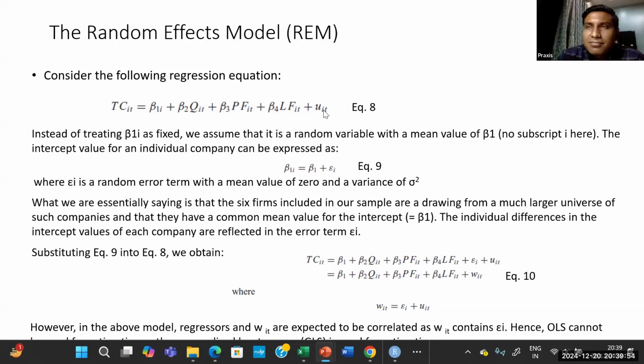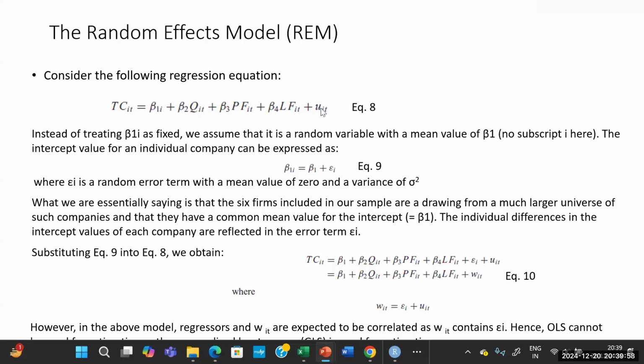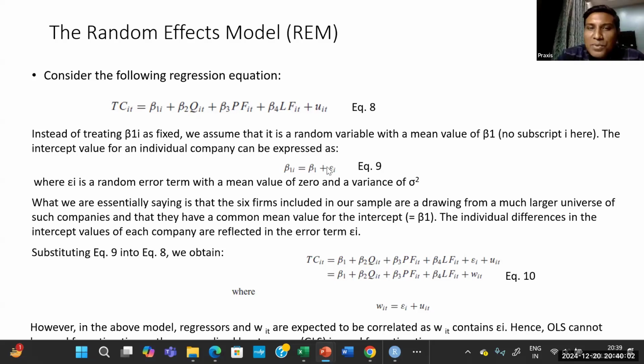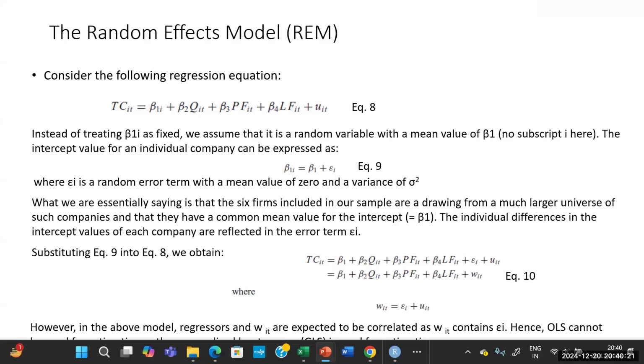The main error term, by definition, is random. And you are assuming this to be also random, so you can add them. If you add these two and express them as WIT, then WIT is nothing but the composite error term. Is it clear?